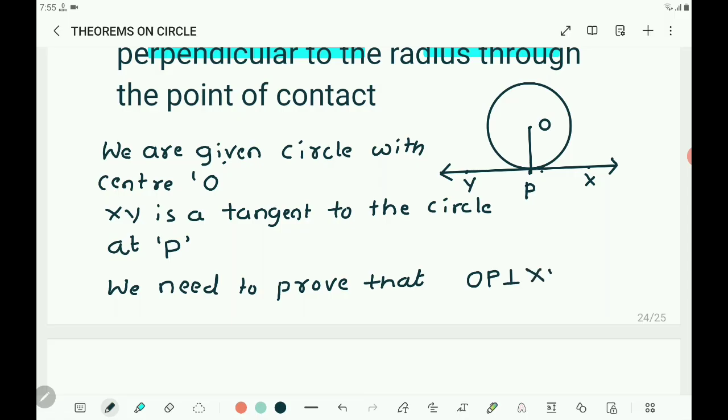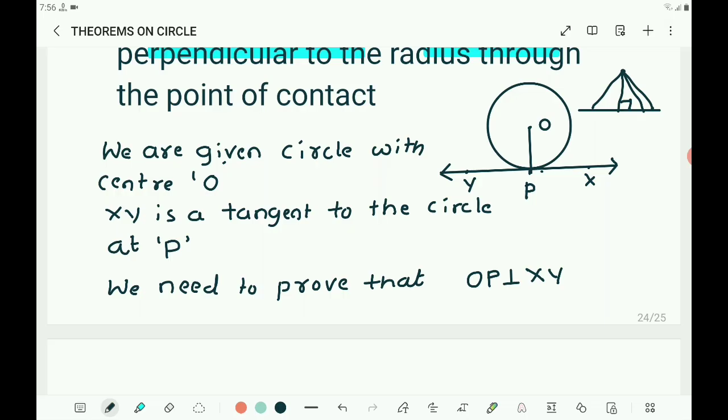You know that for a given line, from a given point outside the line, you can draw any number of lines. Out of those, the line which is perpendicular is the shortest, and the shortest is the perpendicular.